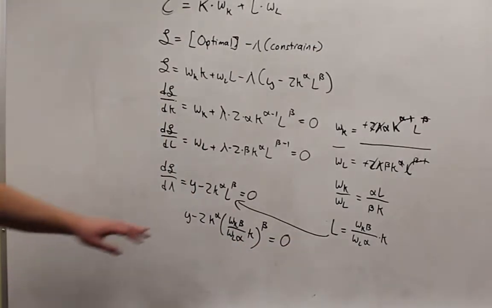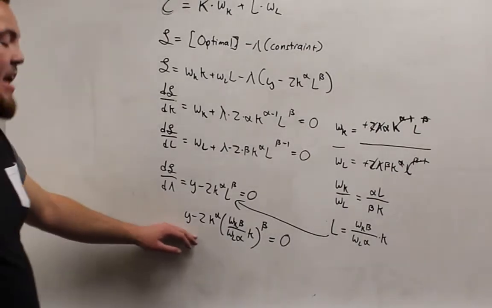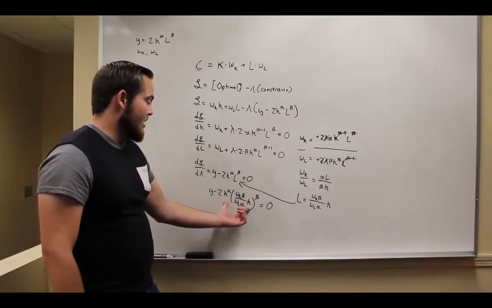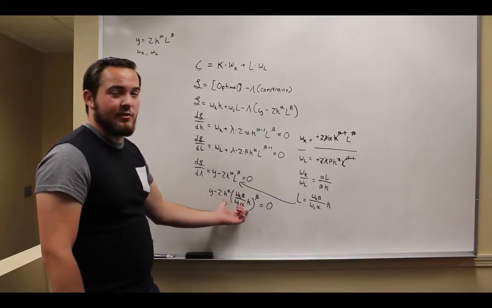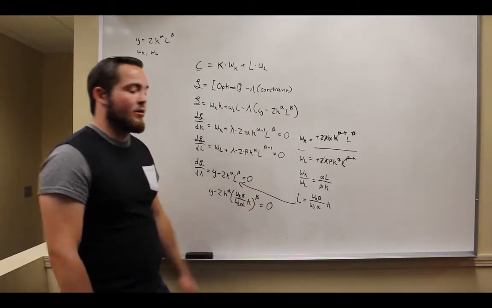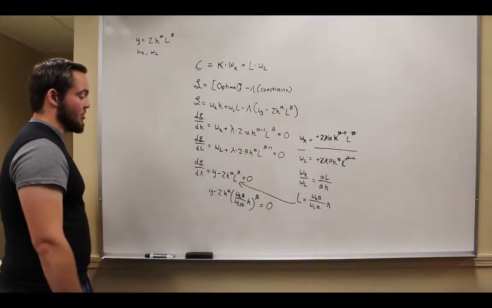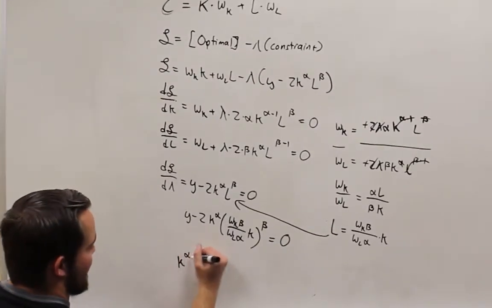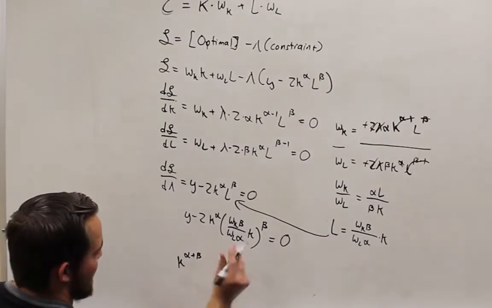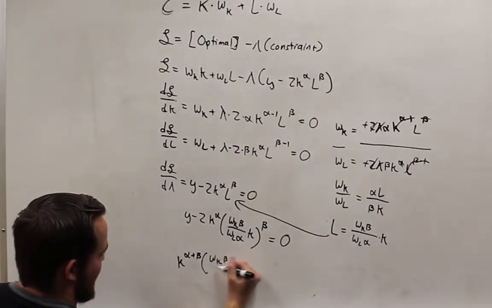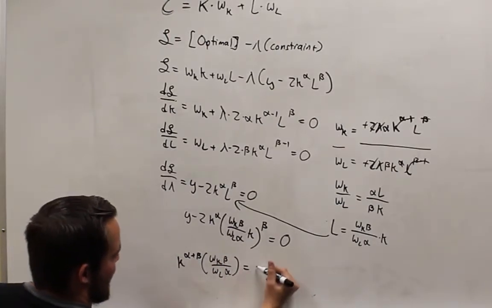Now what I want to do is isolate that k value, because if I can do that I can find my k star. With algebra techniques I can combine these two k's. This k is raised to the alpha, it's being multiplied by this k raised to the beta. If I multiply those together, I get k to the alpha plus beta times this whole block, and that's equal to y.